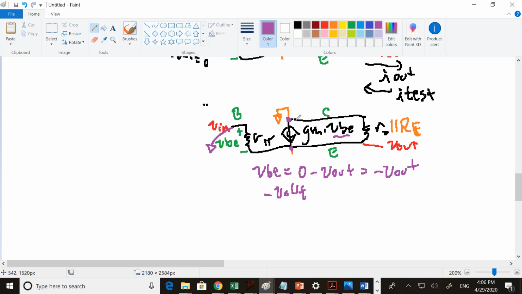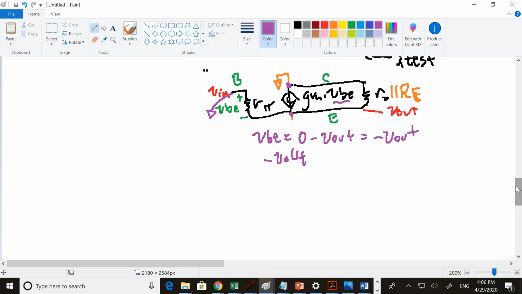So this current source right here, because the voltage across the current source is equal to VBE, can be reduced to a resistor of size 1 over GM.